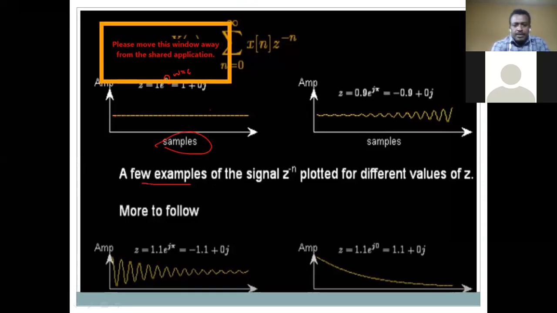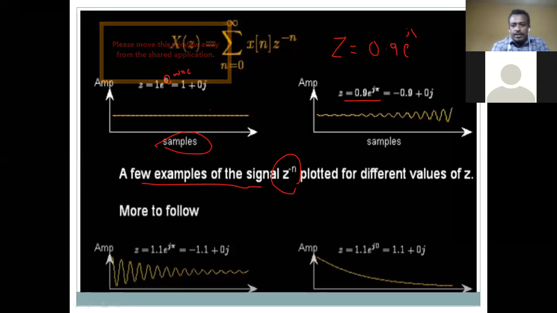So this is a few examples of Z to the power of minus n. How about here? Z is equal to how much? 0.9 e raised to j pi. So it's complex. The frequency is pi, omega is pi here.